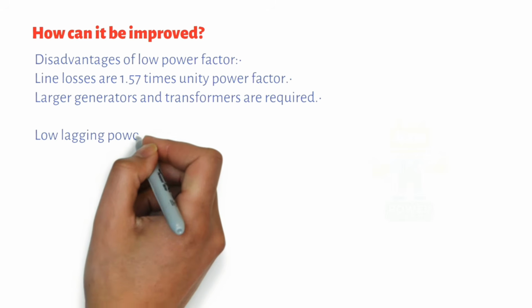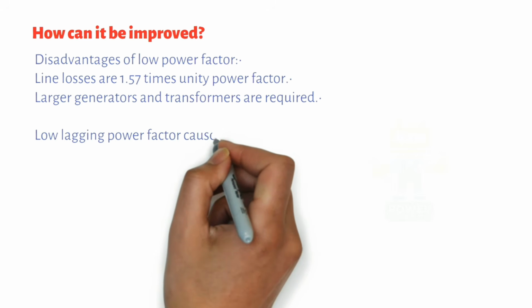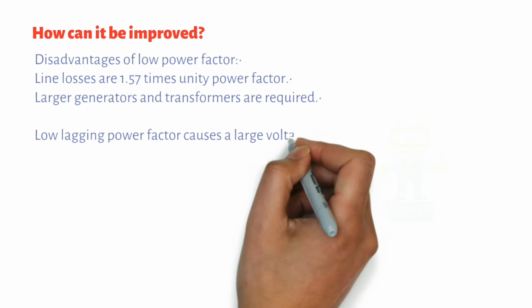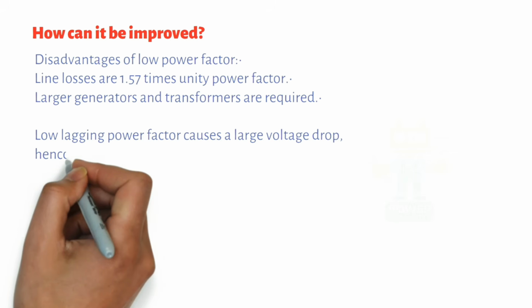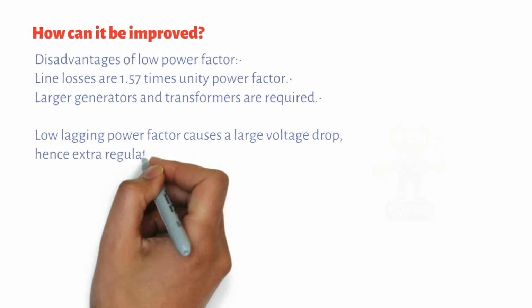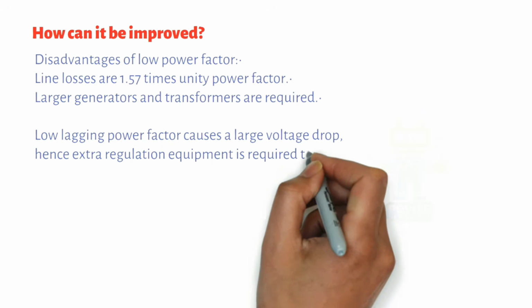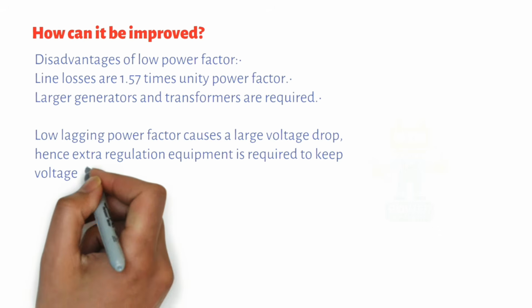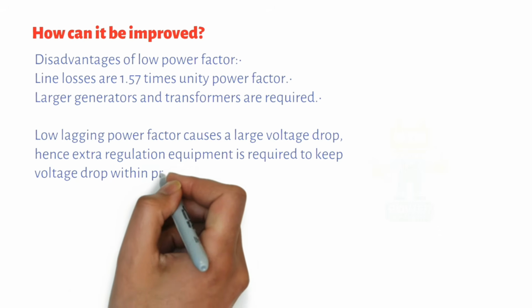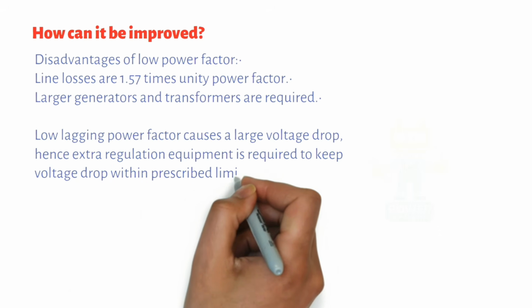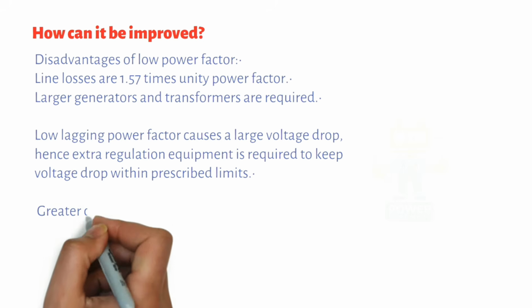Larger generators and transformers are required. Low lagging power factor causes a large voltage drop. Hence, extra regulation equipment is required to keep the voltage drop within prescribed limits.